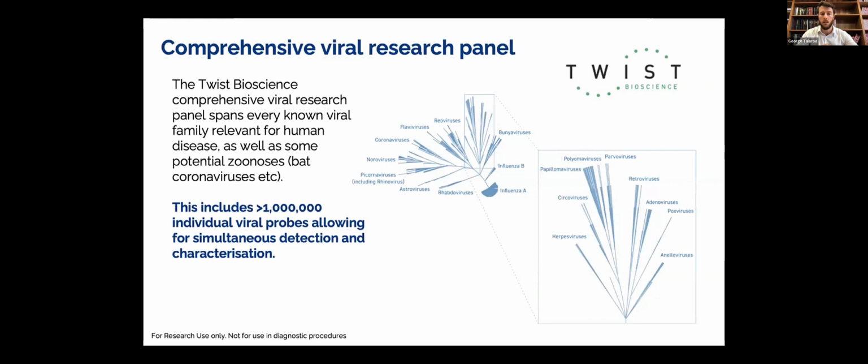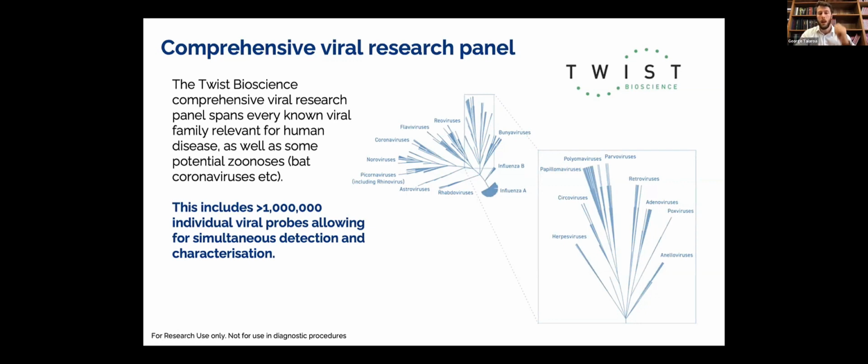In the microbial space, what we might be interested in is viruses. Twist Bioscience have prepared a panel that is a comprehensive viral research panel and includes every known human virus, effectively, represented in some way, as well as a few viruses of potential zoonotic potential. So things like bat coronaviruses that might not be in humans yet, but might have the potential to spill over.